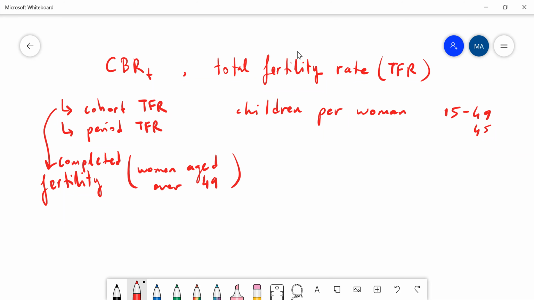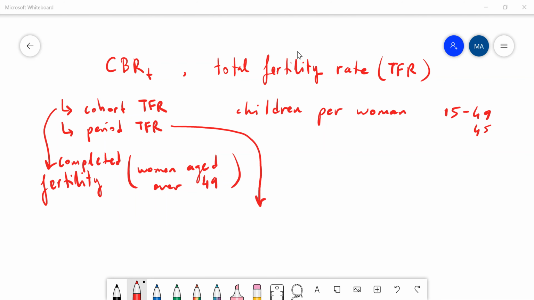Beyond this age, we are not really interested whether they have births or not, because this is an average anyhow.